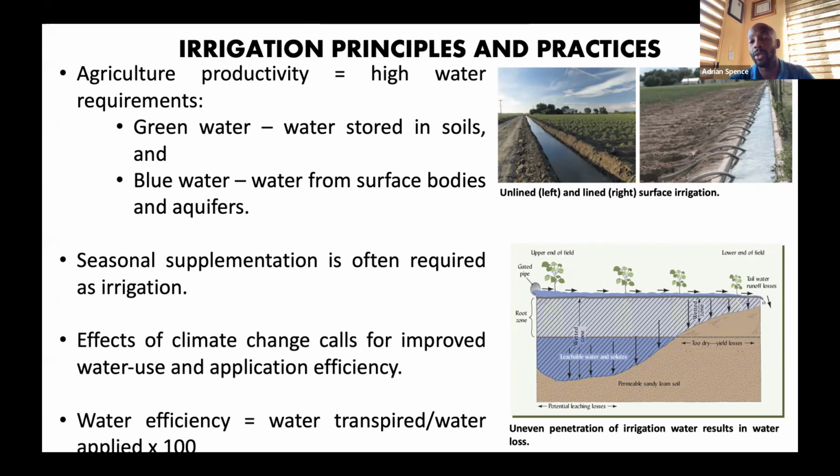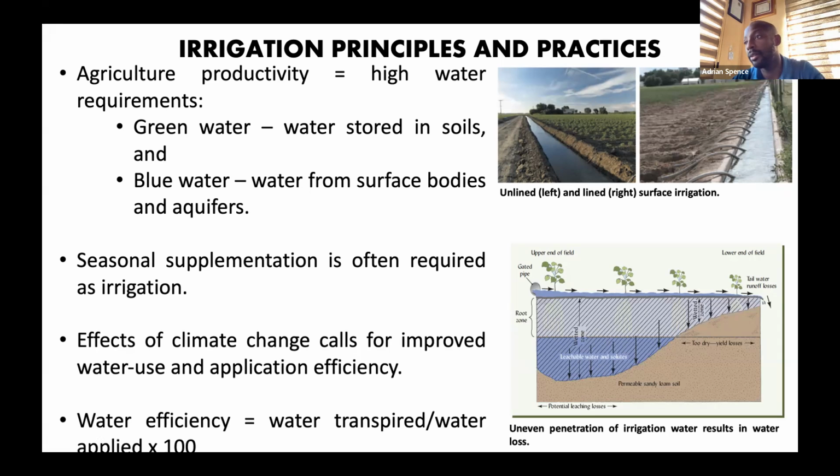You're also losing water to percolation, right? But one of the problems that this creates is what we have pictured down here, where depending on your soil type, you might have water pooling at one end and not necessarily reaching the other end.